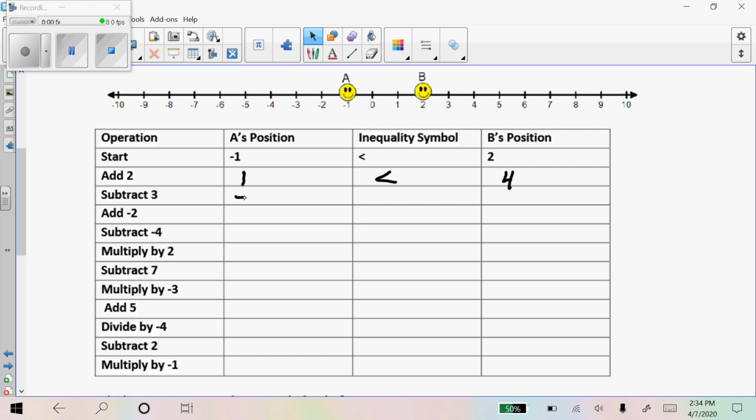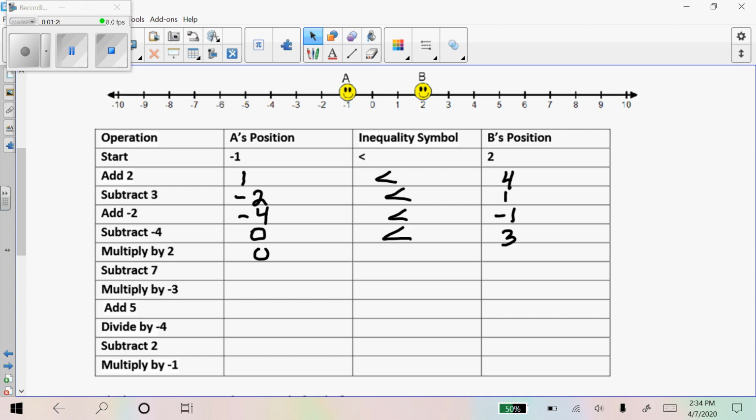Subtracting 3 from each side would give us -2 in A's position and 1 in B's position, and we can see that A is still less than B. Adding -2 would give us -4 for A and -1 for B, and -4 is less than -1. Subtracting -4, subtracting a negative is the same as adding 4. A would be at 0, B would be at 3, and we still are less than here. 0 is less than 3.